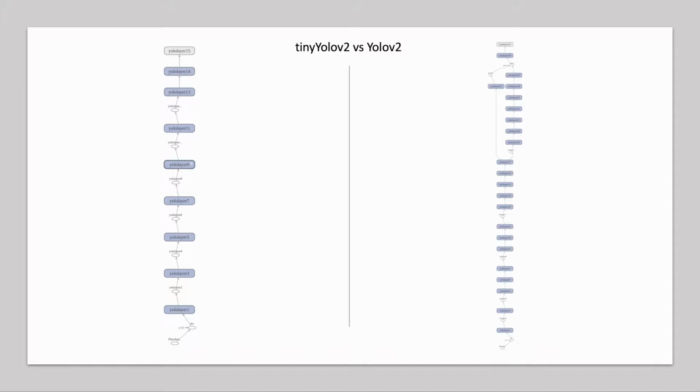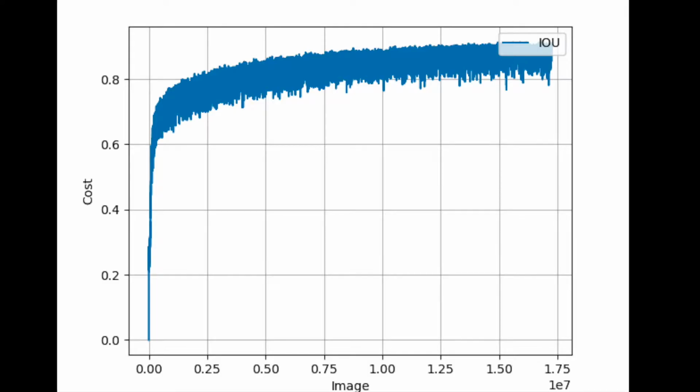To use these networks, we have used Darknet, which is an open source neural network framework. This is the curve of the IOU, intersection over union, during the training. With a learning rate of 0.0001, the IOU is rising. The Darknet framework takes batches of 64 images.